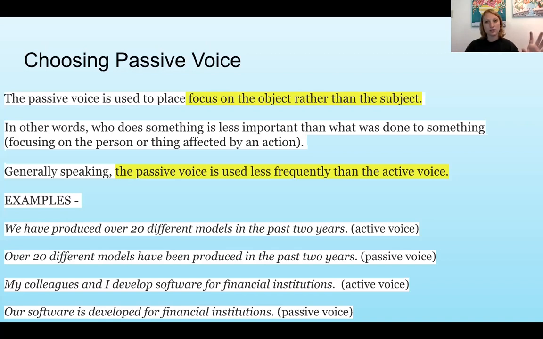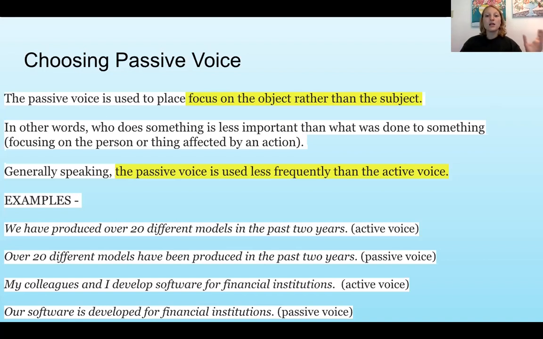That's somewhat true because we get taught in United States schools at a very young age that you do not want to use the passive voice. It is not as academic, smart, or intellectual as active voice. All right. An active voice is much more concise and short and to the point.